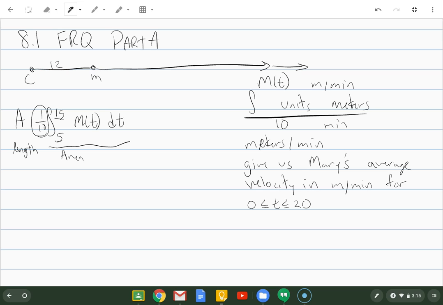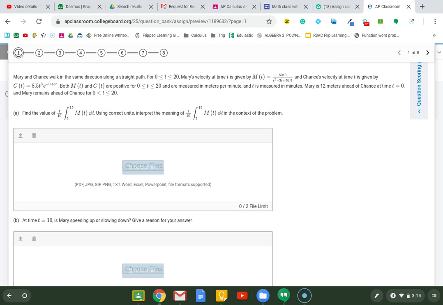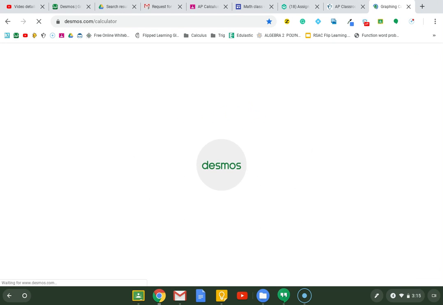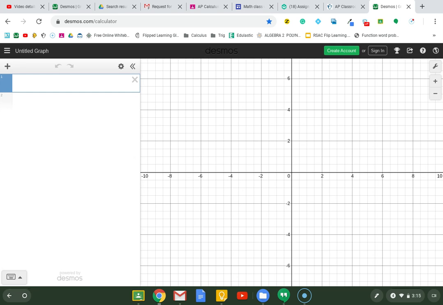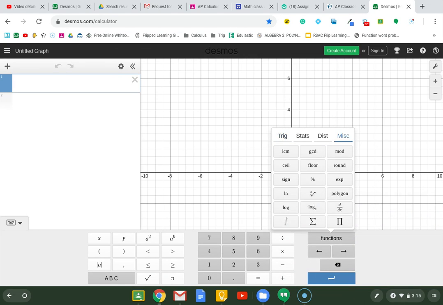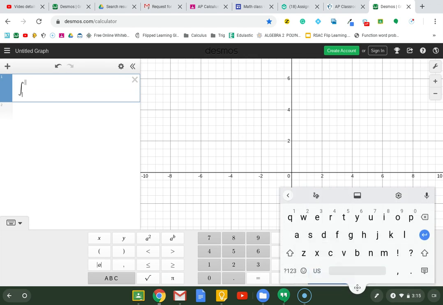Okay, so what we're going to do is then we're going to type this into Desmos. So let's go ahead and get Desmos all fired up here. All right. And let's go ahead and, I don't want that. I want the functions. I don't want this again because I can't see my functions. That's not helpful, Desmos. And then it goes from 5 to 15 of, and I should probably do the 1 over 10.